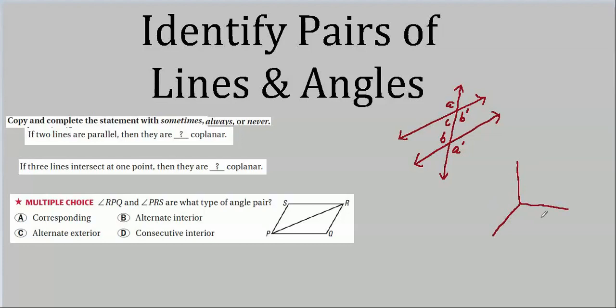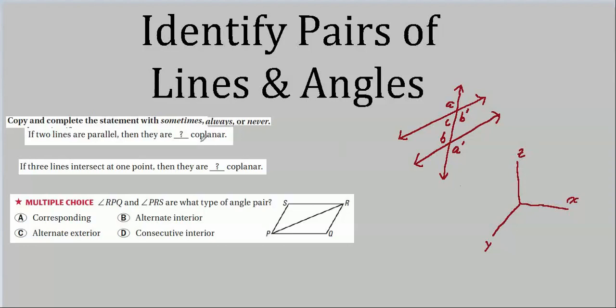Now this is your xy plane here, this would be your xz plane here, and this would be your yz plane here, if this were x, y, and z. So these definitely would not have to be coplanar. In fact, that's a very common example of 3 lines which intersect at one point. And actually, these 2 lines are in one plane, these 2 are in one plane, and these 2 are in another plane. So you actually got 3 planes coming together here.